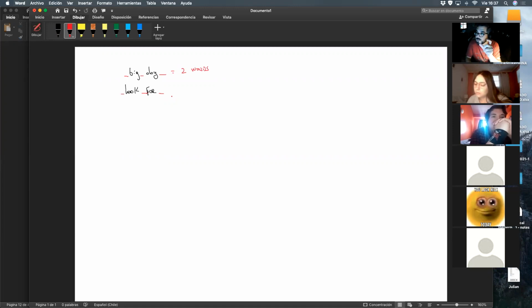Therefore, the word is composed of two different words. Therefore, the orthographic definition does not help us to understand completely the idea of a word, because look for means buscar, search. So in order to get to that meaning, we need those two words together.